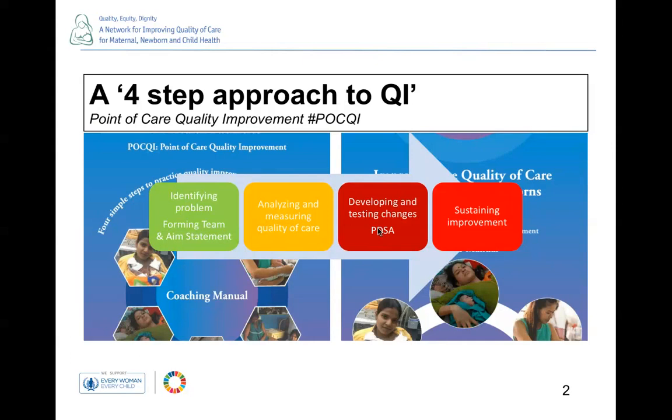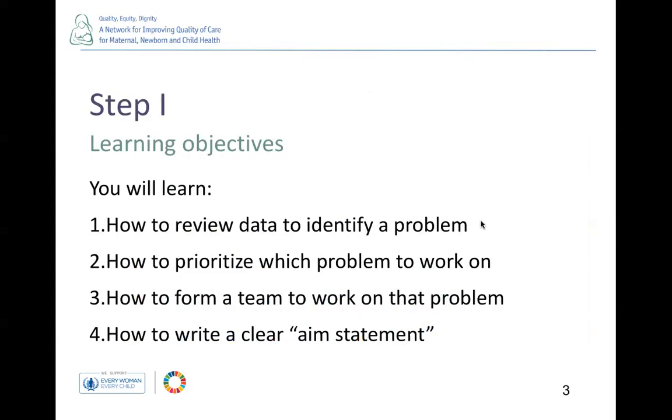And finally, sustaining improvement of the gains we make in the quality improvement project. Today, in step 1, we will learn to pick something specific to work on, form a team, and develop a precise aim statement.